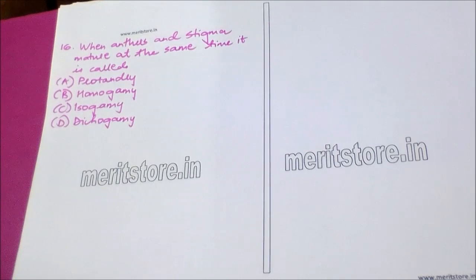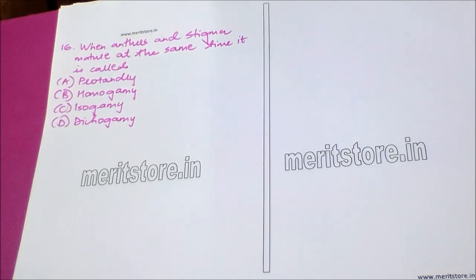When anther and stigma mature at the same time, it is called option A, protandry, option B, homogamy, option C, isogamy, and option D, dichogamy.